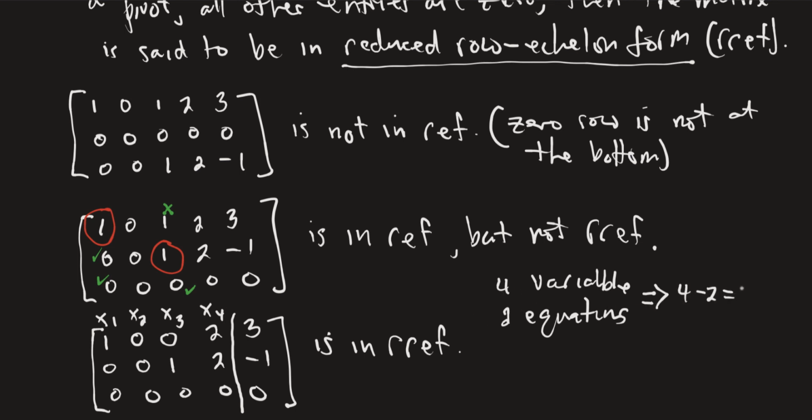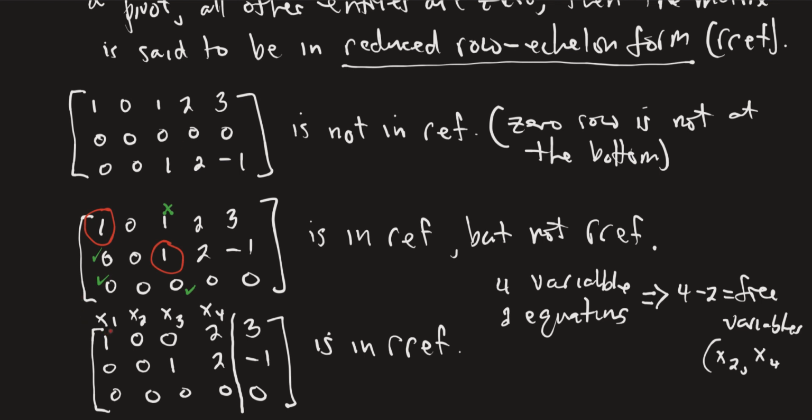So it will have 4 minus 2 free variables or parameters. What would those be? Those would be the variables that don't have a pivot in their column. So the 2 free variables would be x2 and x4. There is not a pivot in column 2, and there is not a pivot in column 4.